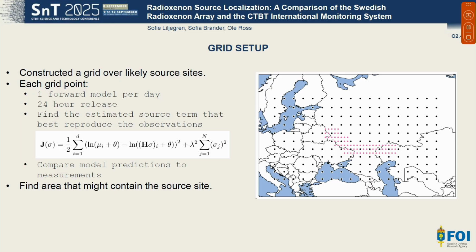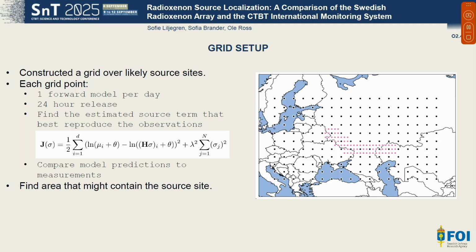Basically, for this scheme, we fitted each of these grid points with the observations for all of the 4 cubes. So there are a lot of observations from different places that would fit with each grid point. And we used a cost term, if anybody's interested, that looked like this, with the Tikhonov regularization.